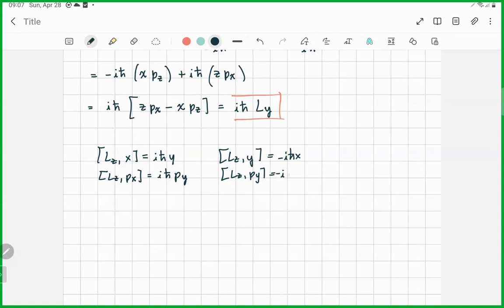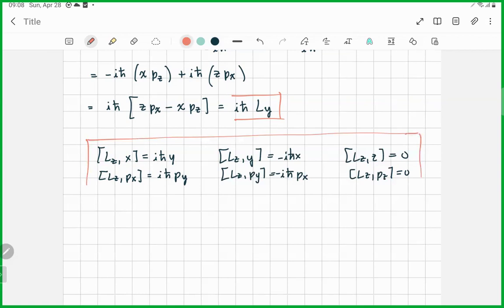Here we also have a minus. And then finally, LZ with Z and LZ with PZ, you can show that this is 0. Okay, so we can use these results here to show what we just did, that the commutator between LZ and LX is iħ LY. So it's going to be a little faster because we already have these results.